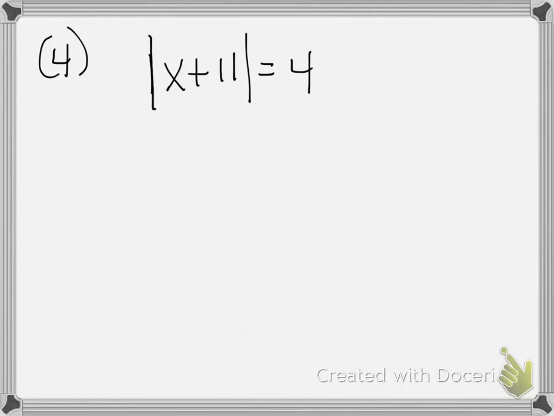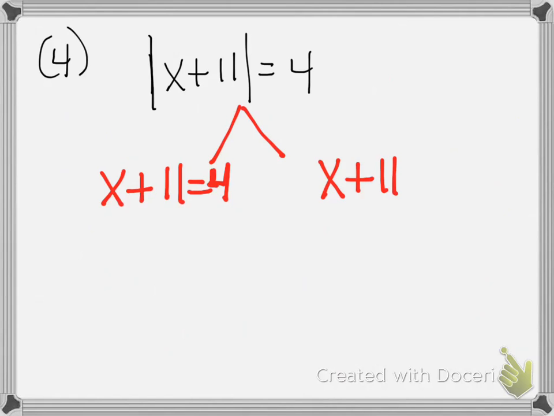Number 3 is an absolute, nope, not number 3, we're skipping number 3. Number 4 is an absolute value problem. You may remember absolute value makes a v, and absolute value also has 2 solutions. So how do we find those 2 solutions? We start out by writing the equation x plus 11 equals 4, and then we're also going to write x plus 11 equals -4, because absolute values could have been positive or negative to begin with.